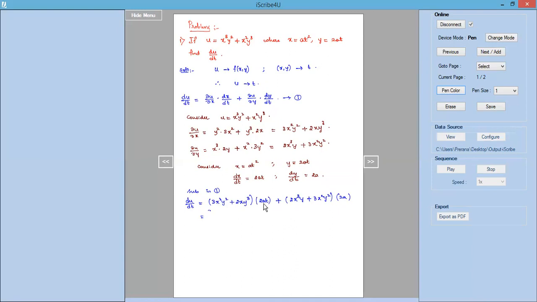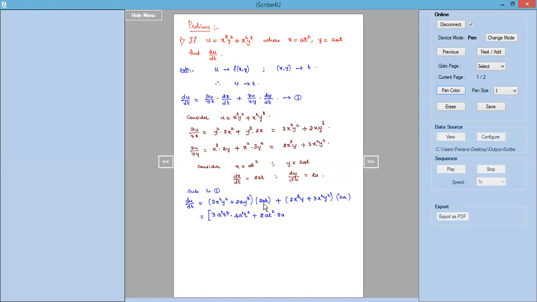So this gives us 3 into x square. X square will give us a square t power 4, into y square gives us 4a square t square, plus 2 into a t square into y cube.